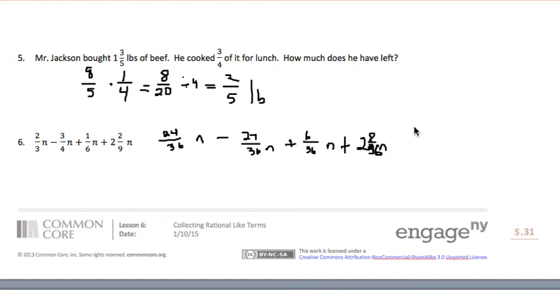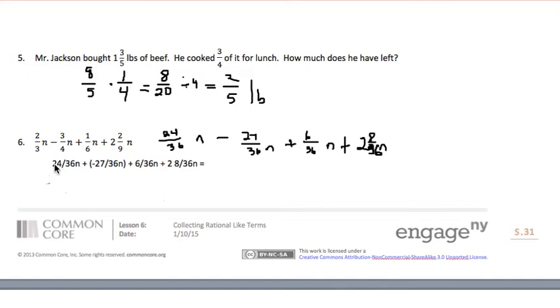Now this subtraction in the second term should be changed to addition. And then my best suggestion would be for us to go 2 terms at a time.